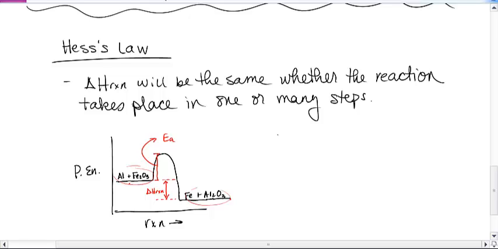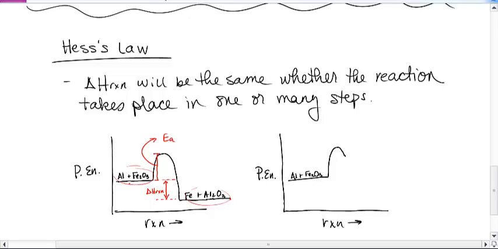That's just one scenario. To see what Hess's law says, maybe we could cause this reaction to take place not just all at once, where they slam into each other and break apart into products, but in multiple steps. So for example, here's the aluminum and iron(III) oxide. It's starting in the same place, but maybe it requires some energy and forms some kind of intermediate product.